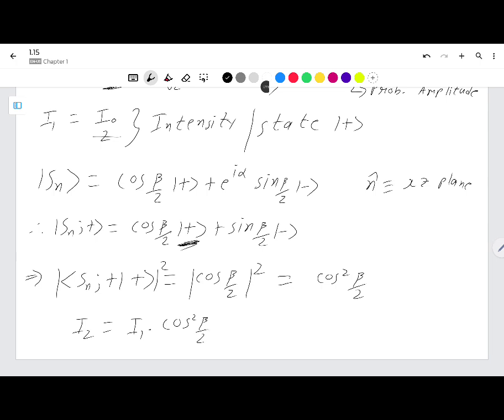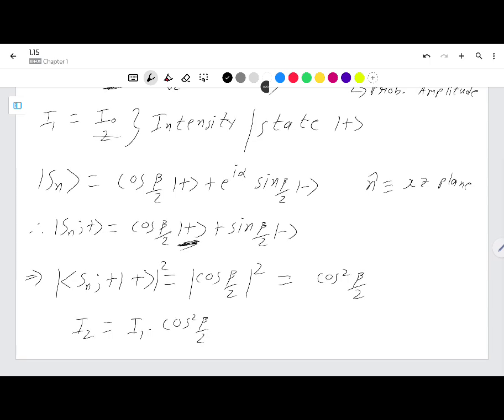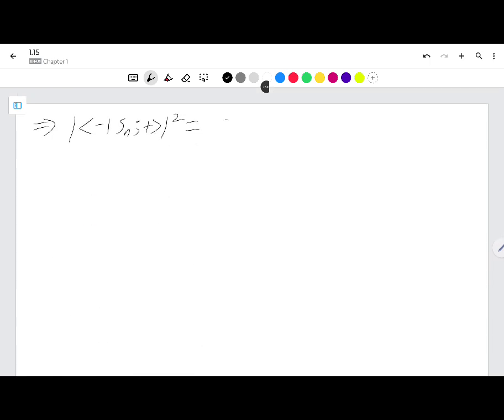Okay. In the final phase, we need to see the overlap with the negative state and some plus state and the mod square. So that will give me sine beta by 2. And this squared will be sine squared beta by 2.